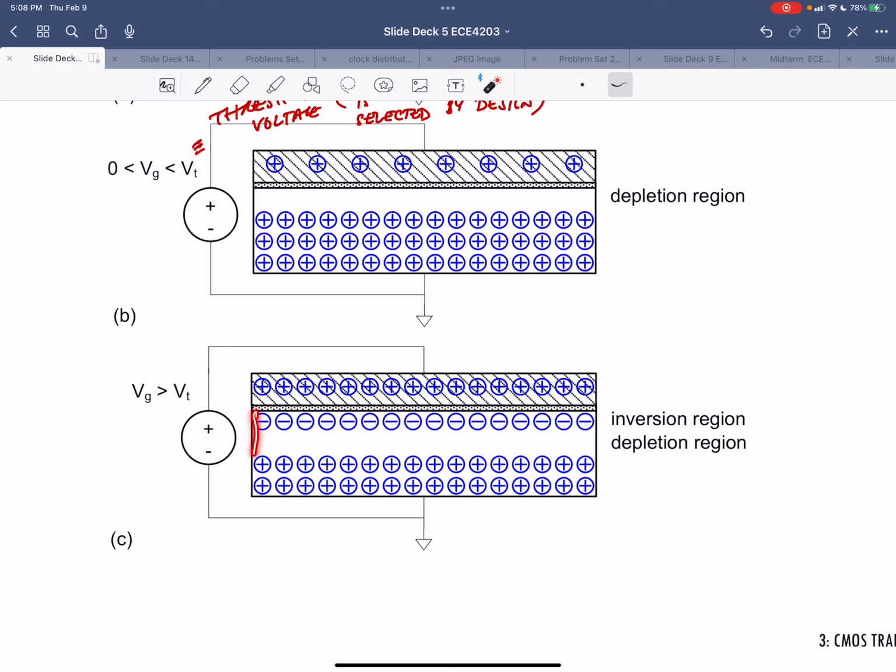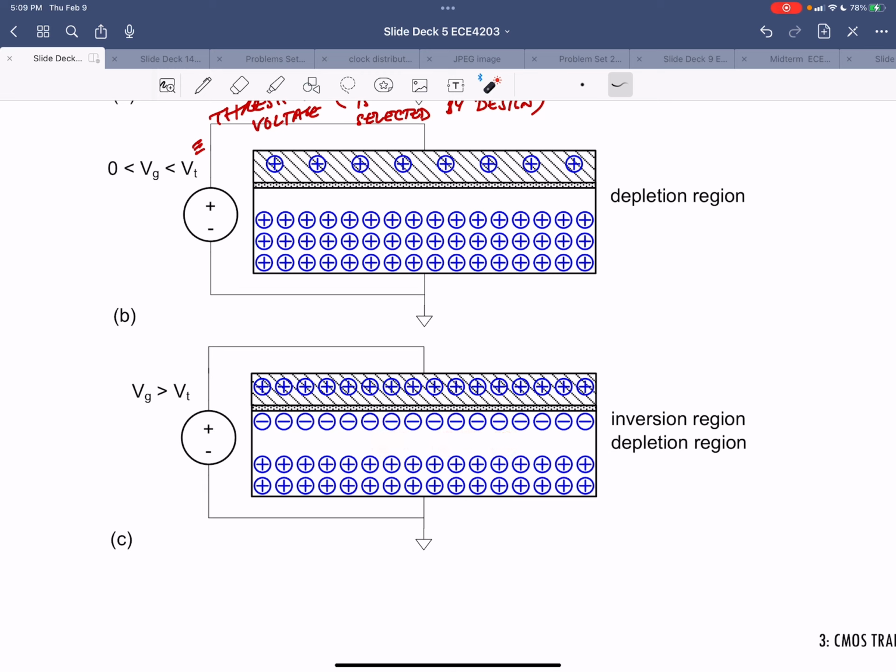Once this region gets big enough, the electron-hole pairs generated in this region get separated from each other by the electric field caused by these positive charges. These positive charges continue to push the holes, the positive mobile carriers, away from the gate, but any electrons created in this region get pulled towards the gate.